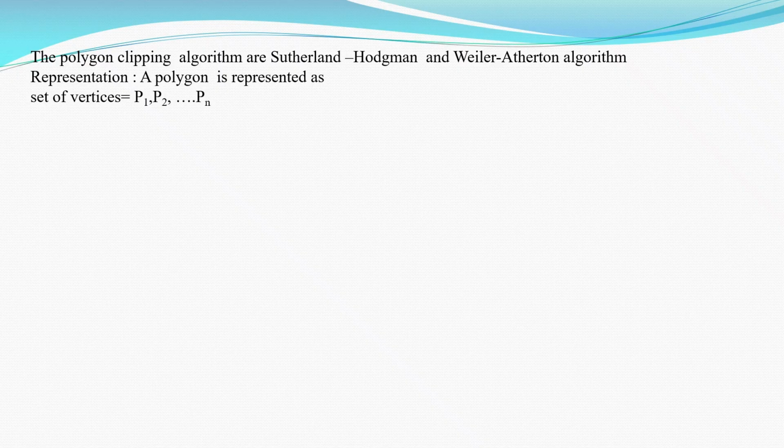How are polygons represented in polygon clipping? A polygon is represented as a set of vertices P1, P2, up to Pn.